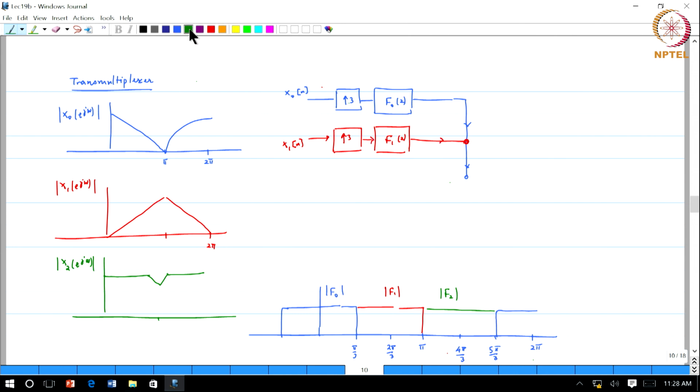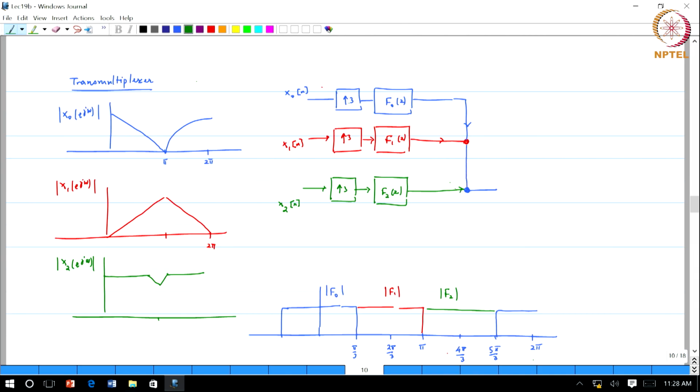The third one is the green, it is x2[n] upsampled by a factor of 3, pass through a filter F2(z), which is then added on to the original signal. Okay. So, here is the signal flow.